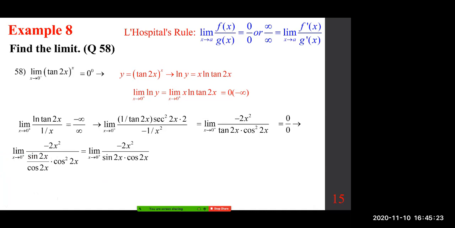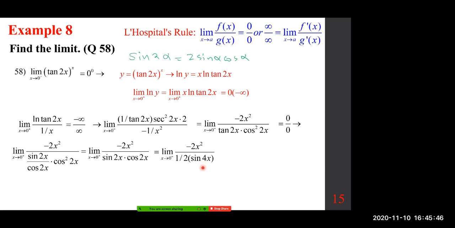Remember the sine 2 alpha was 2 sine alpha cosine alpha, just reminding you of some trigonometric identity. So this becomes therefore half of sine 4x, okay, class, sine 4x.